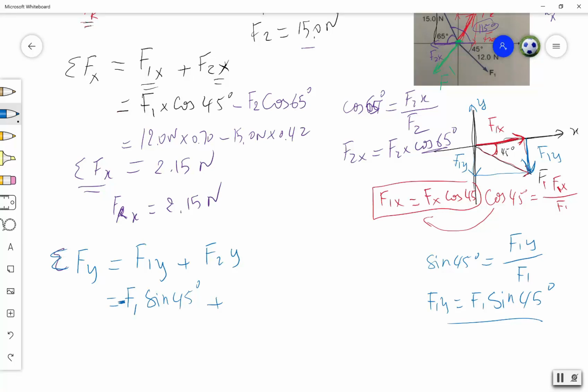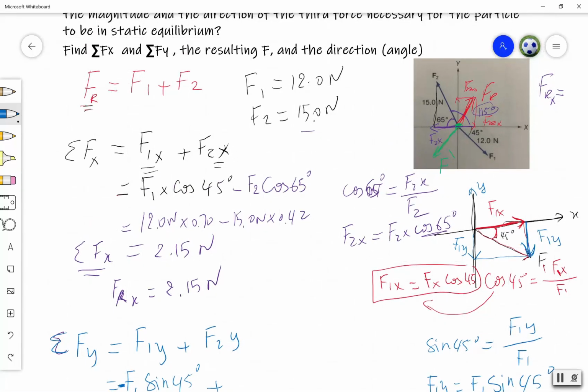So then, what is F2y? F2y is this guy here. Or, if you take this triangle, it's going to be this one here. Look at this angle, 65 degrees. So sine 65 degrees equals the opposite, which is F2y, over what? F2, the hypotenuse.